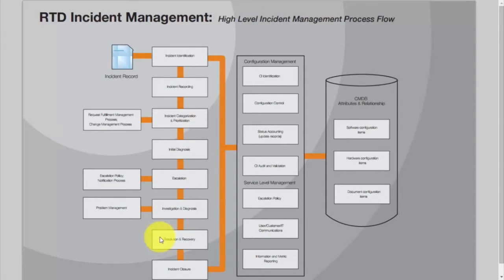Details about the resolution process should be thoroughly communicated with the user, and then the ticket needs to be closed within the system. So we see the final step there of incident closure. So there you have a high-level view of the incident management process flow.